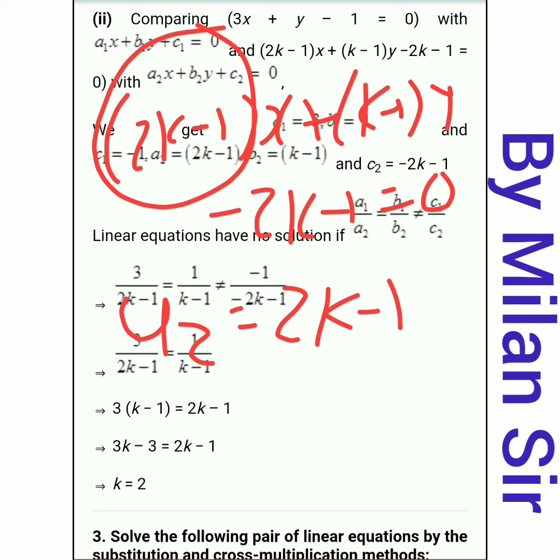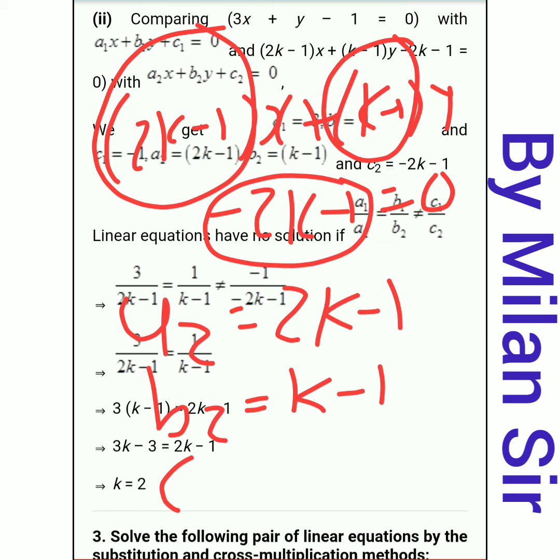Then the coefficient of y, it is our b2. Okay, so b2 is equal to k minus 1. And our constant term, it is c2, minus (2k plus 1). Okay, so a2 is equal to 2k minus 1, the coefficient of x, b2 is equal to k minus 1, the coefficient of y, and c2 is equal to minus (2k plus 1), the constant term.